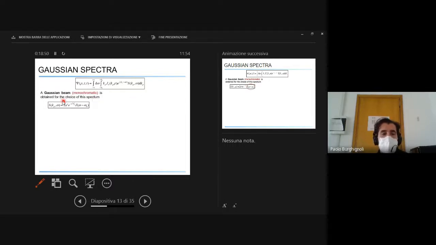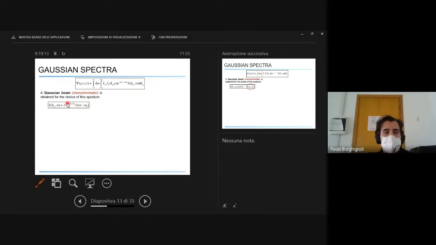And if we want a Gaussian beam, that is a monochromatic solution, since it is monochromatic we will have a Dirac function in terms of the angular frequency variable that fixes the frequency to be only omega naught, a single frequency that we set.